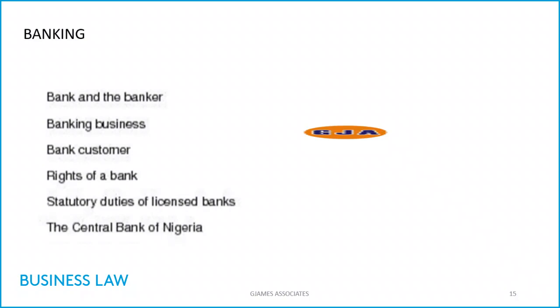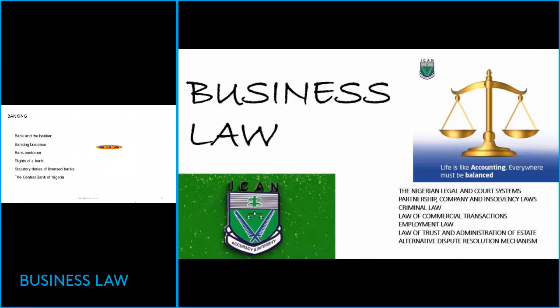So the bank and the banker, the importance of bank, the banking system, the banking business, bank customer, the rights of bank customer and the rights of customer to bank too, the statutory duty of licensed bank and the central bank of the country, e.g. the Central Bank of Nigeria.